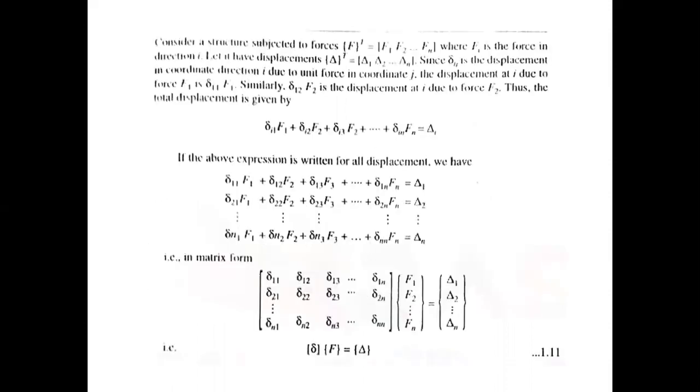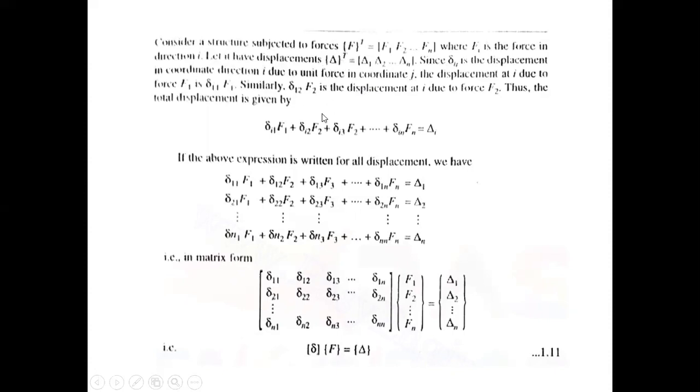Now, considering the displacement due to force F2, the total displacement will be given as follows. F is the force matrix, that is, all the forces applied form a complete set and will be termed as matrix F. Delta is the total displacement occurring due to the movement of the joints or coordinate system, a complete set of all such displacements, termed as delta.